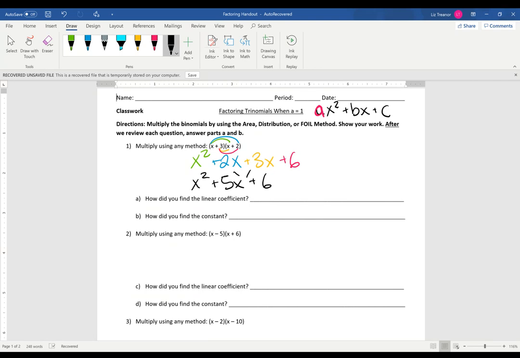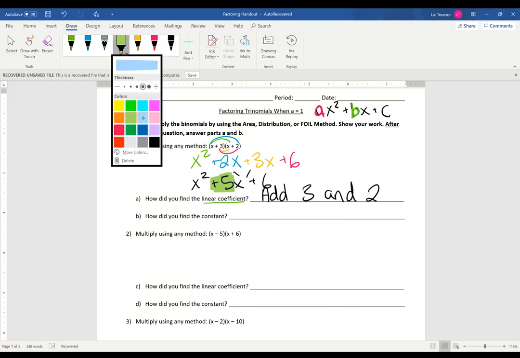Okay, now for part A, how did you find the linear coefficient? So the linear coefficient is b, right? In our ax squared plus bx plus c, it's b. So that's our linear coefficient, which means in this example, it's 5. So how did we get 5? By adding, so we added 3 and 2.